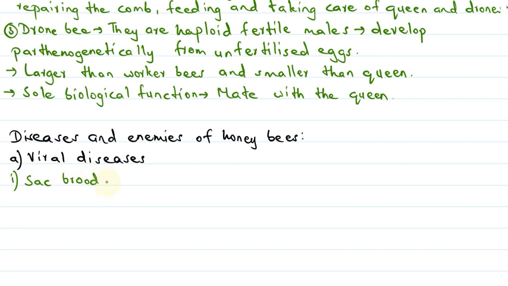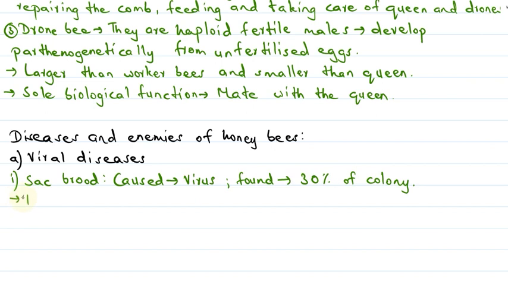Sac brood is a viral disease. It is caused by a virus because it is a viral disease, and it is found in 30% of the colony. What happens in this disease?